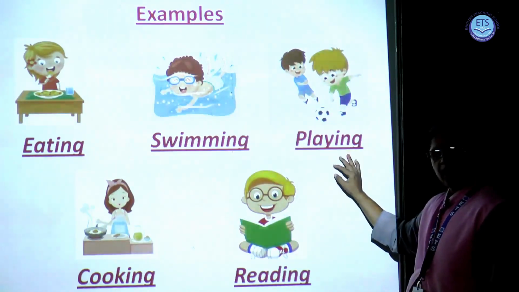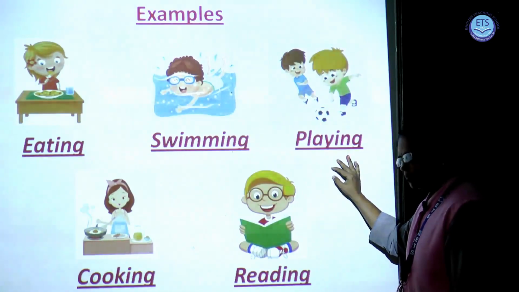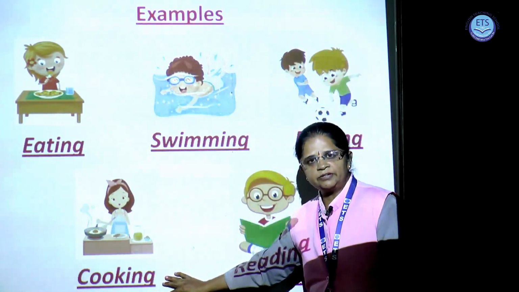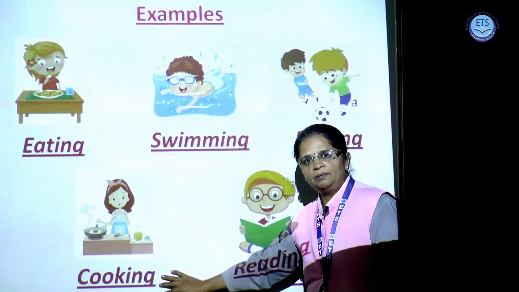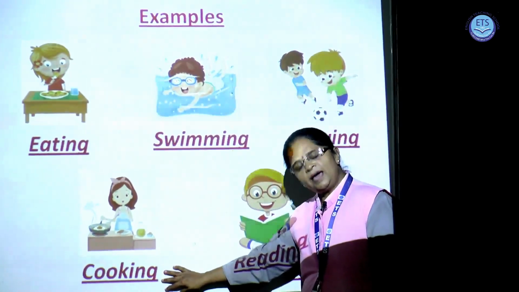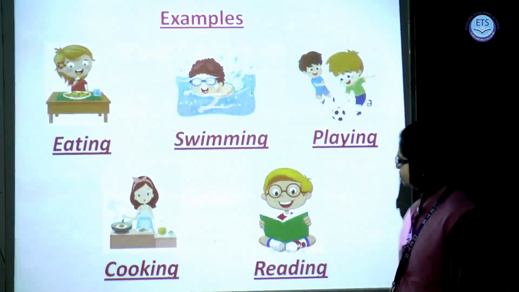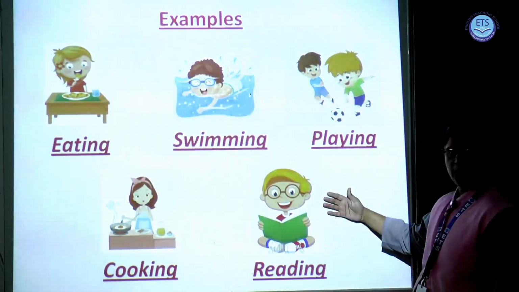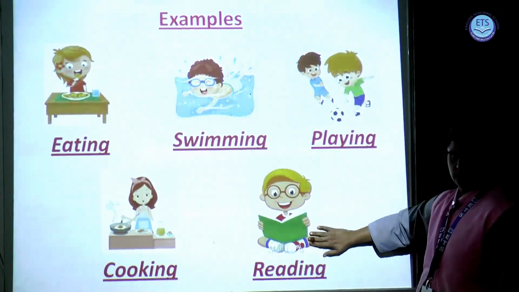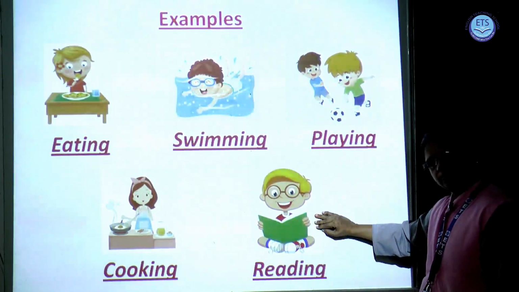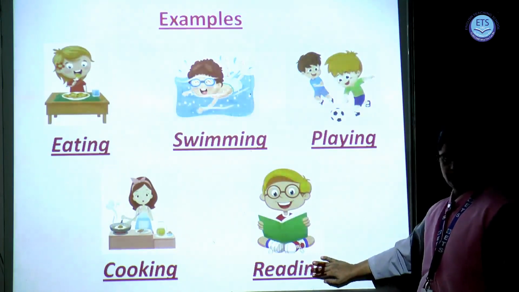So, playing is also a verb. Cooking. Your mama cooks food every day, right? So, cooking becomes again an action. So, cooking is also a verb. And lastly, you find a boy who is reading a book. So, reading also becomes an action. So, it is a verb.